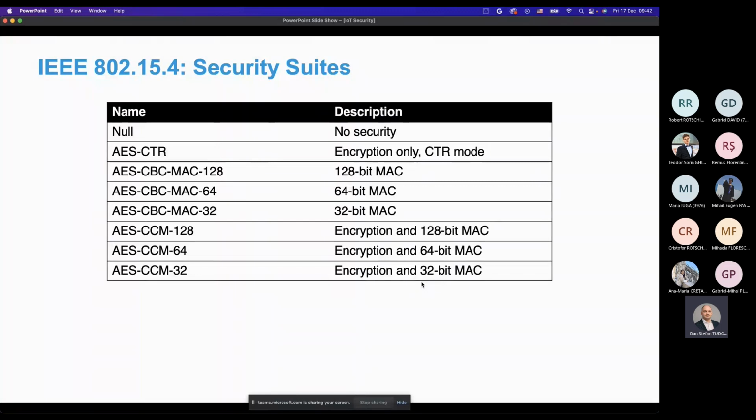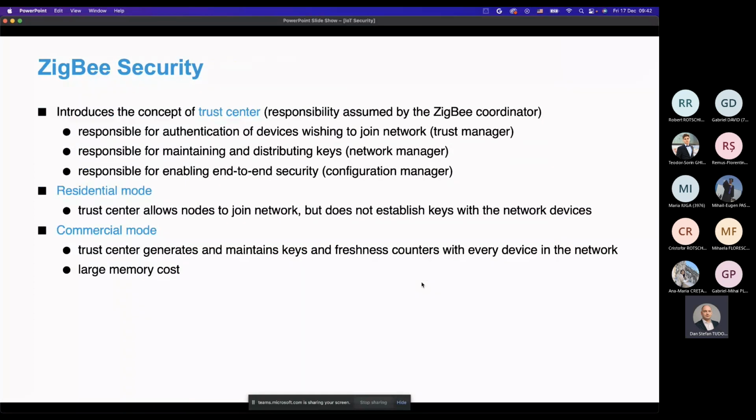This varies from 32 to 128 bits. So for every suite that offers encryption, IEEE 802.15.4 also offers optional replay protection, which consists of monotonically increasing sequence numbers for messages to allow a recipient to detect replay attacks.